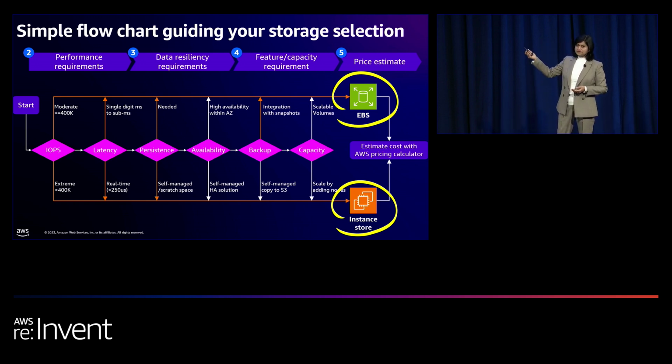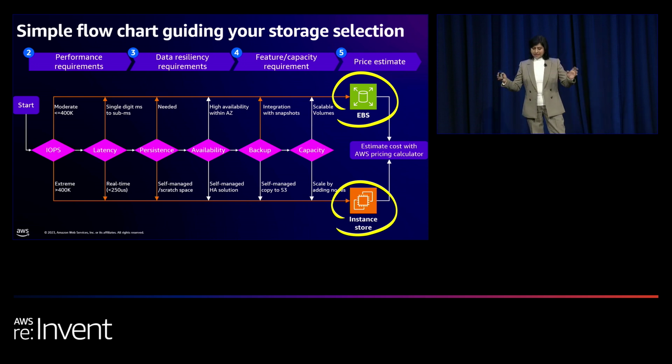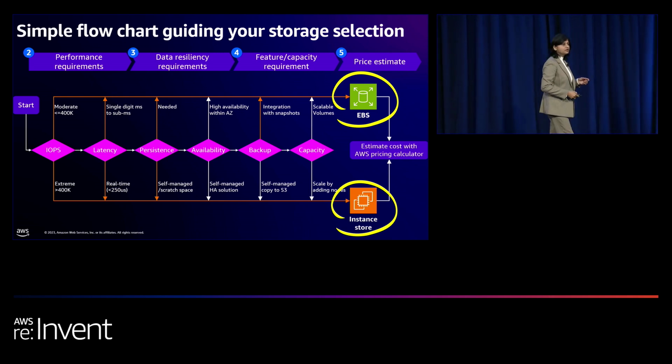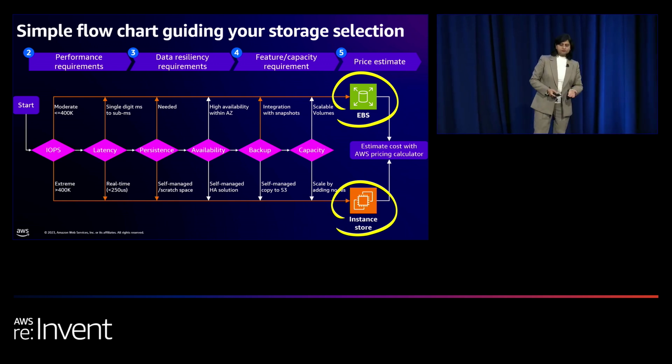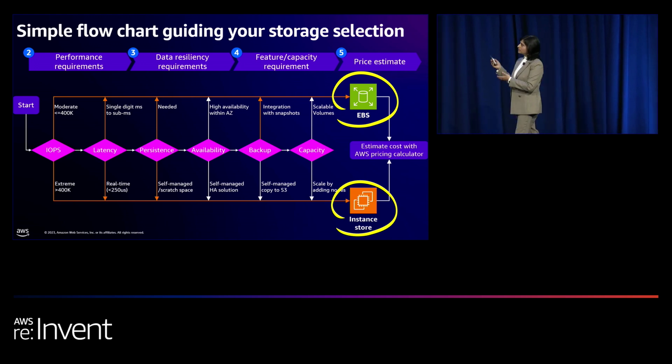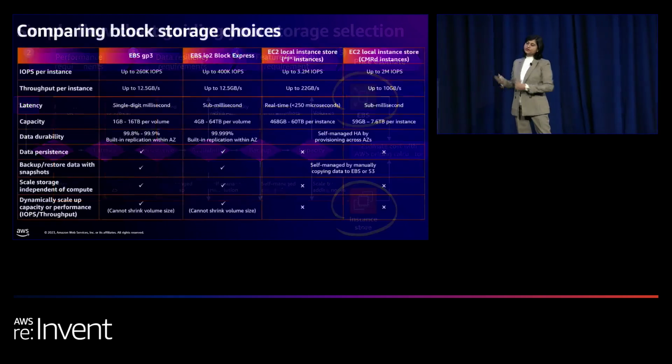But for the data persistency, they did not want to manage it by themselves. At this point, they're also comparing the prices, and they're also comparing the performance. The key thing is to also test. After you've made your choices here, how would you know this is the right thing for you? That's when you do a POC. You have to test and see whether that performance level is adequate for your workloads.